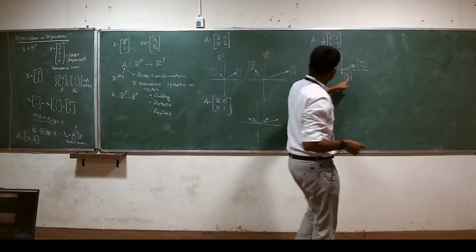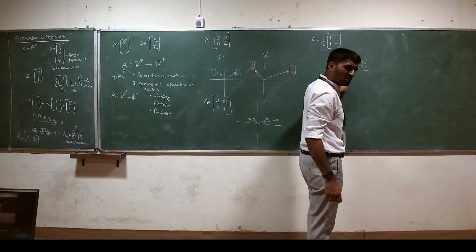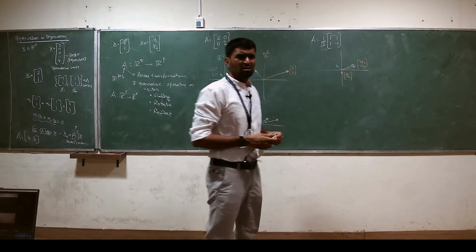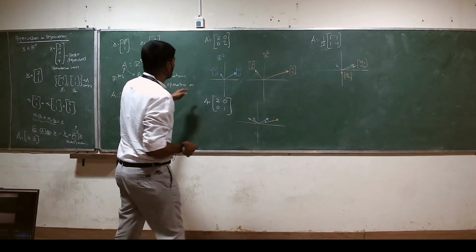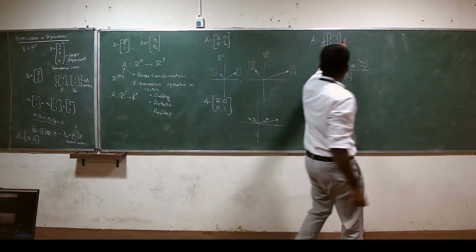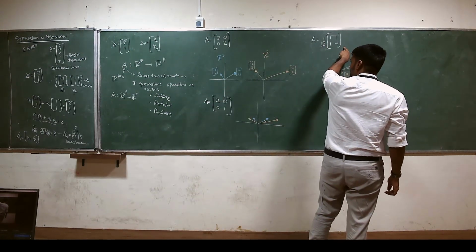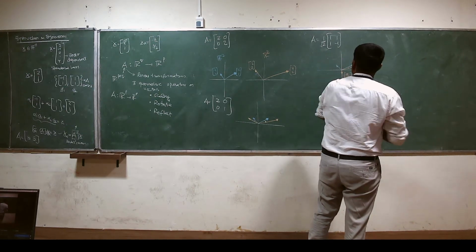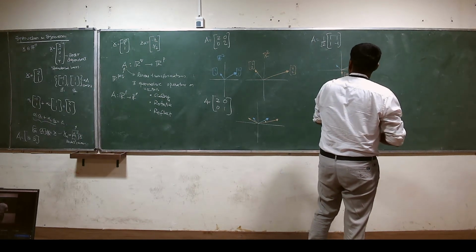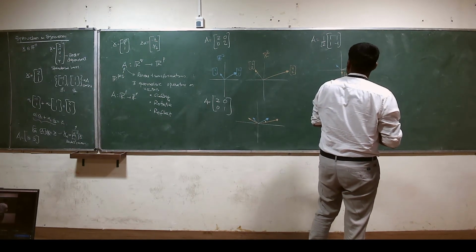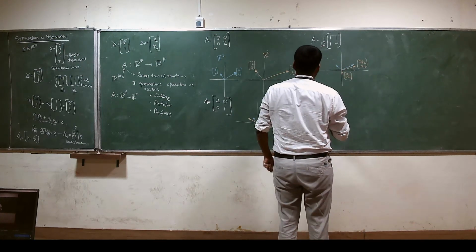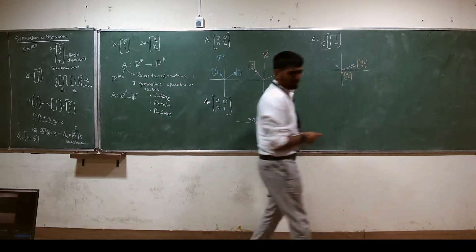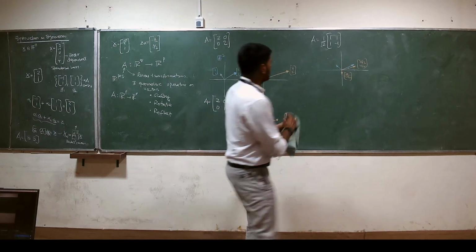Hey, is it minus 2 by root 2 or plus 2 by root 2? Is it minus? Why is it minus? So it's minus 1, 1. This is weird. Okay, let's do one thing. I'm not able to see it.